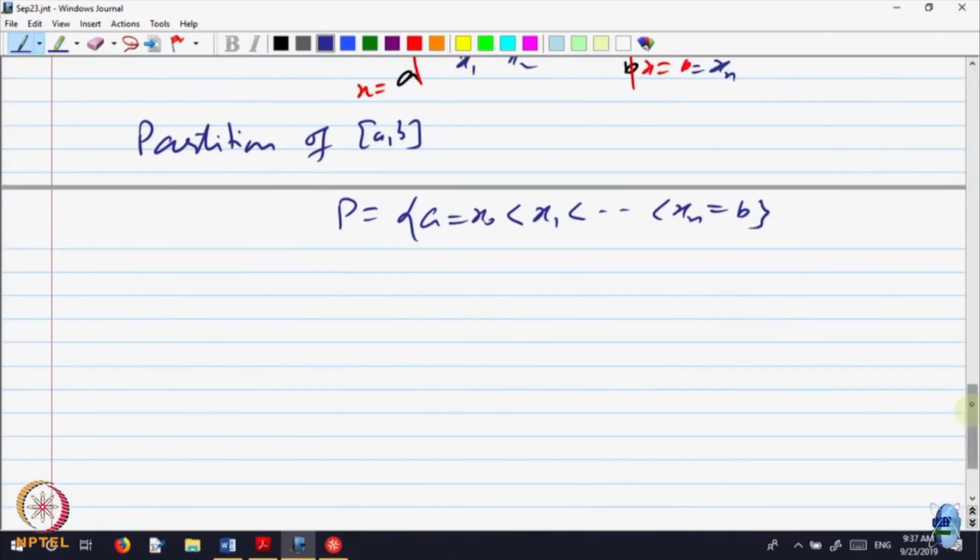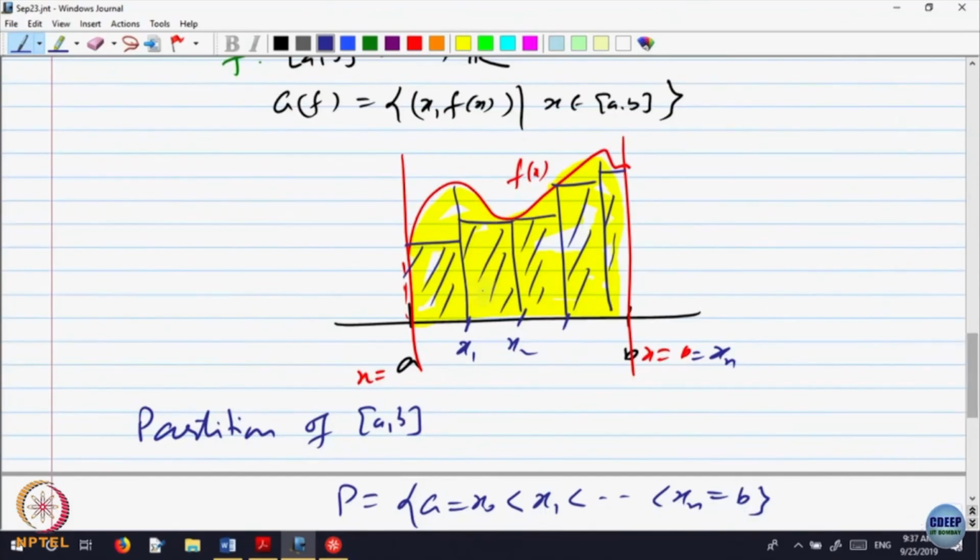And now what we want to do is fit in rectangles. So for example, for this rectangle, the width is the subinterval and the height is the minimum value of the function, because if I go slightly higher, then the rectangle will not fit in.